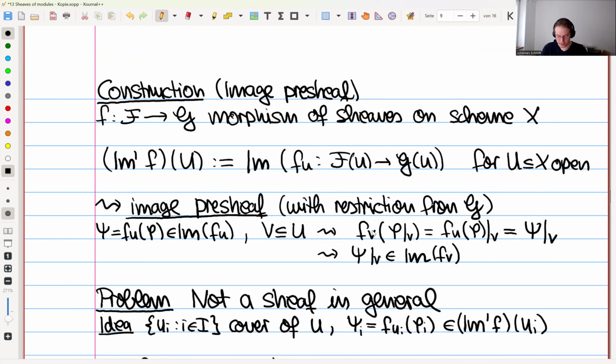So we start with fv of the restriction. This is the same thing as fu of the big thing, and then restrict. Fu, by definition, is psi.